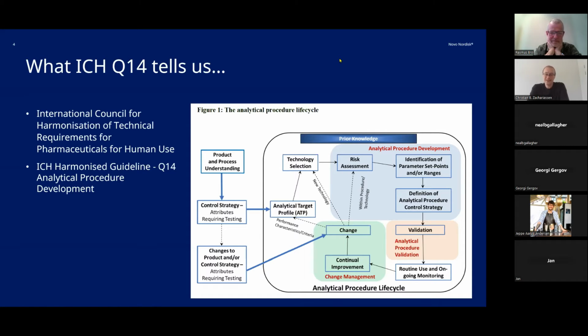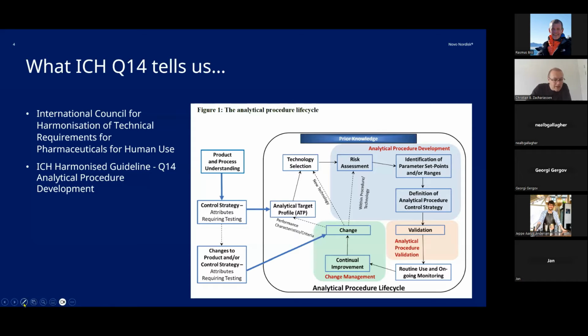There's a lot of arrows there going around, and it, of course, is exemplifying that analytical procedures are often an iterative approach. You have to bring in a lot of elements, and you have to keep improving, continuous improvement, and also revisit things. So at least it will try to incorporate product and process understanding.